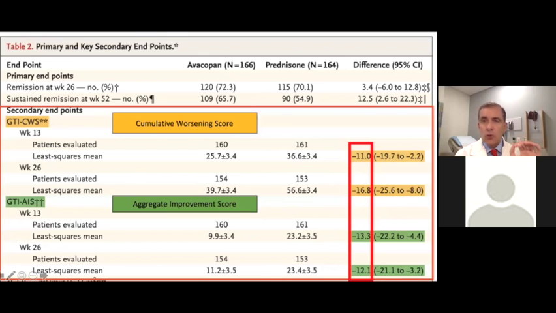The scores were greater than or equal to 10 points lower in the new treatment Avacopan group compared to standard of care, demonstrating that not only were these scores statistically significant, they were clinically important as well.